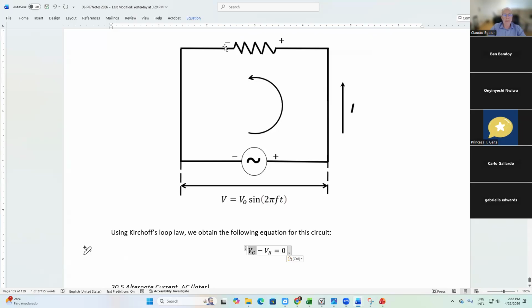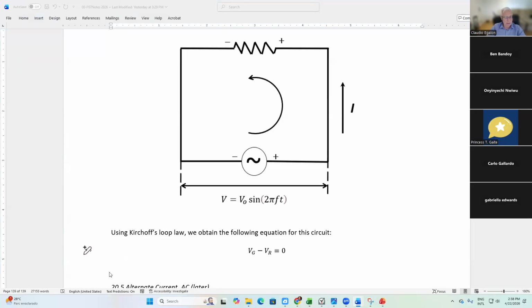We lose electric potential energy because the resistor is consuming the potential energy. So we put a negative here, VR. The VG is positive because we're going from the negative polarity to the positive polarity. And then we can go back to the initial point. We write down equal to 0. Okay? That's exactly how Kirchhoff's law works for DC circuits as well.